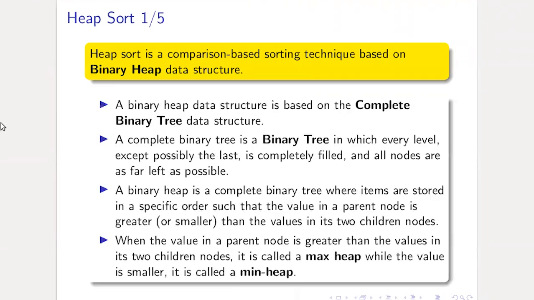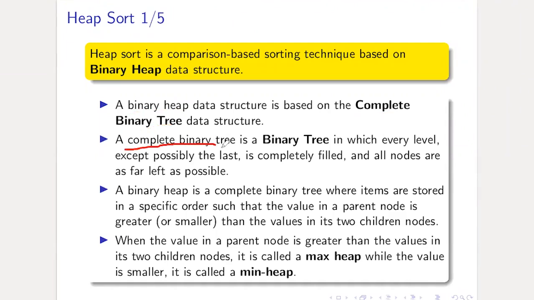And when you look at what a binary heap is, first of all you have to understand the data structure called the complete binary tree, because the binary heap data structure is based on the complete binary tree data structure.